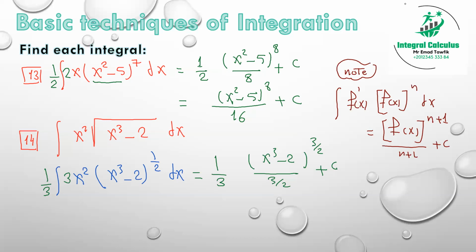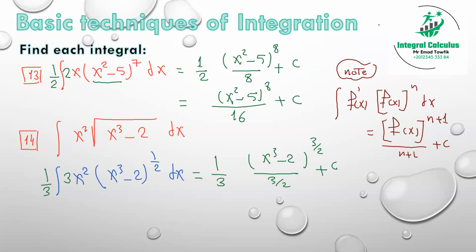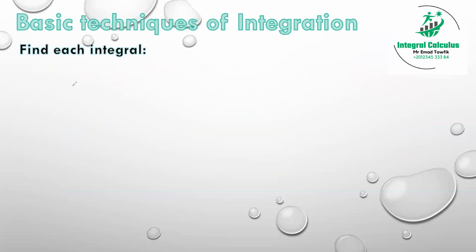If I move to the next point, for question number 15, if I ask you to integrate this function, the integral of (2x minus 5) over (x squared minus 5x plus 1), dx.